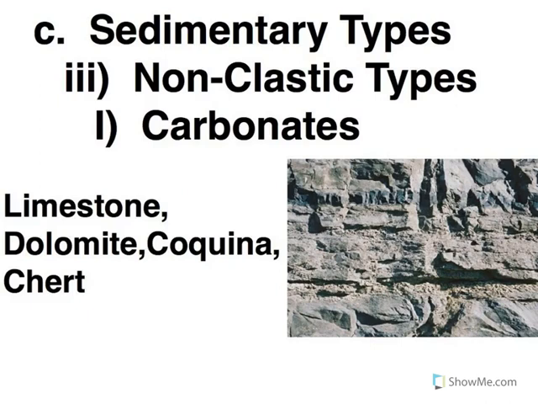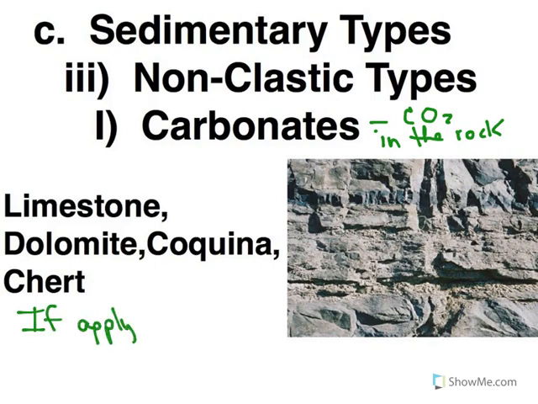And then non-clastic types, one type are called carbonates, and that's because there is carbon dioxide somewhere in the rock. It's part of the composition of the rock. For these, if you apply a little acid, they will bubble and dissolve.